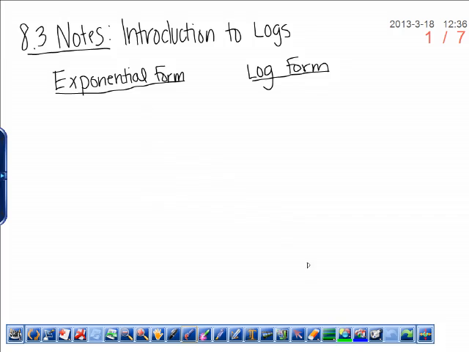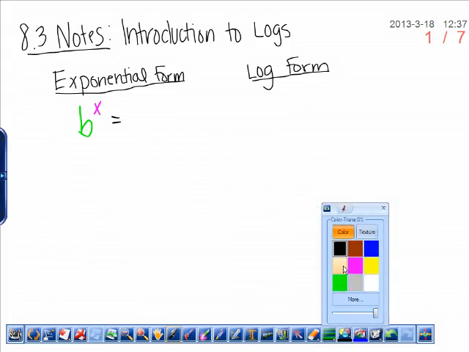Okay, so exponential form is b to the x power equals a.